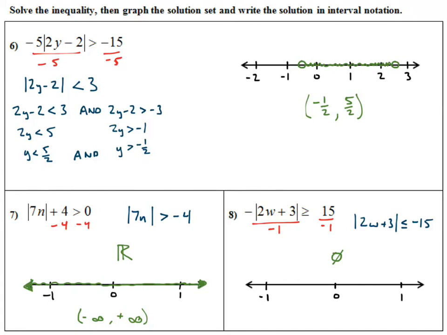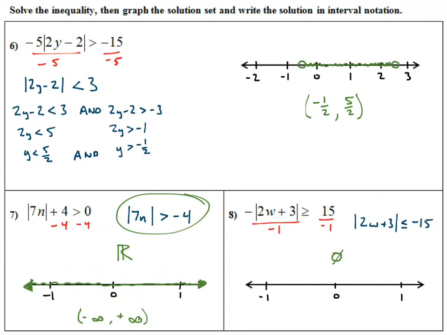Now, if you were to actually work out either of these, 7 or 8, because this first one here is an OR inequality because it's greater than, what you'd find is that after you solved it down, you would have a piece that went this way and another piece that went this way, and because they overlapped and we take all the solutions, that's why we end up shading the entire thing.